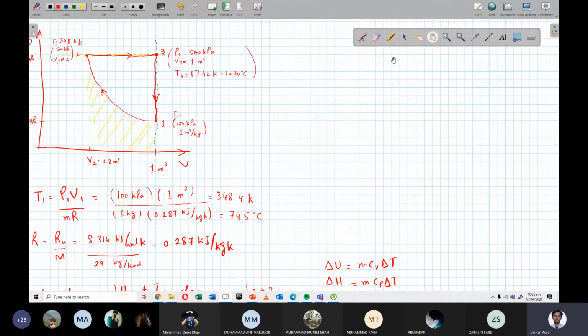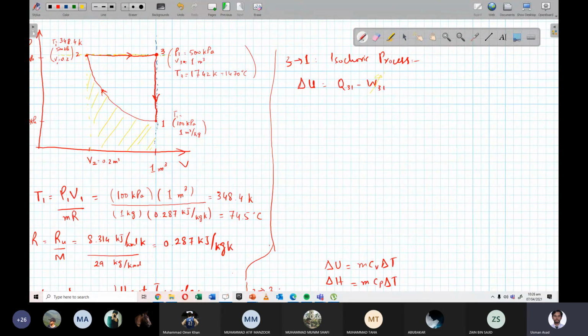All right, so the third process, ये heat transfer पे continue कर रहे हैं, was process 3 to 1, the isochoric process. और उस केस में delta U, this is still capital, is Q31 minus W31, but let's not forget कि isochoric process है, तो this was actually just equal to 0, ठीक है?